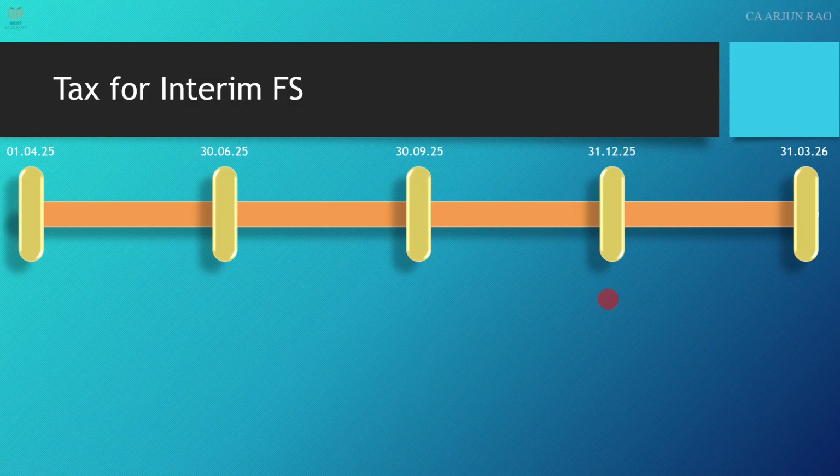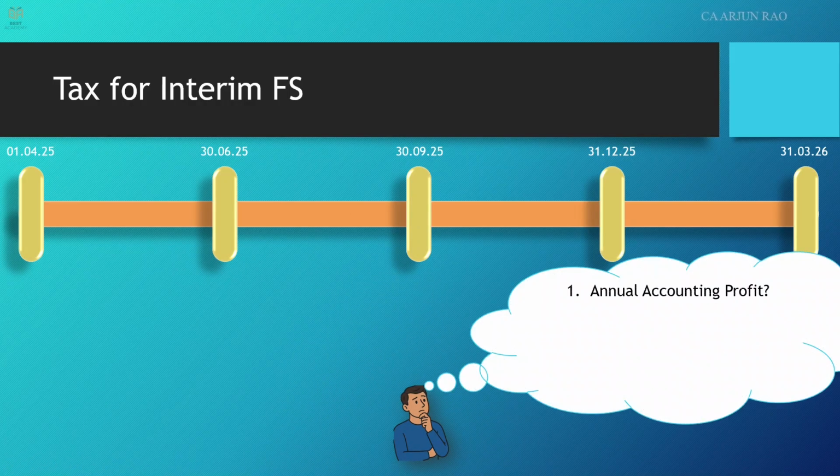At the end of each interim period, we think what will be the annual accounting profit, what will be the profit for the whole year. Then what will be the annual tax profit after adjusting any deductions that we expect to receive. Then what will be the annual tax?